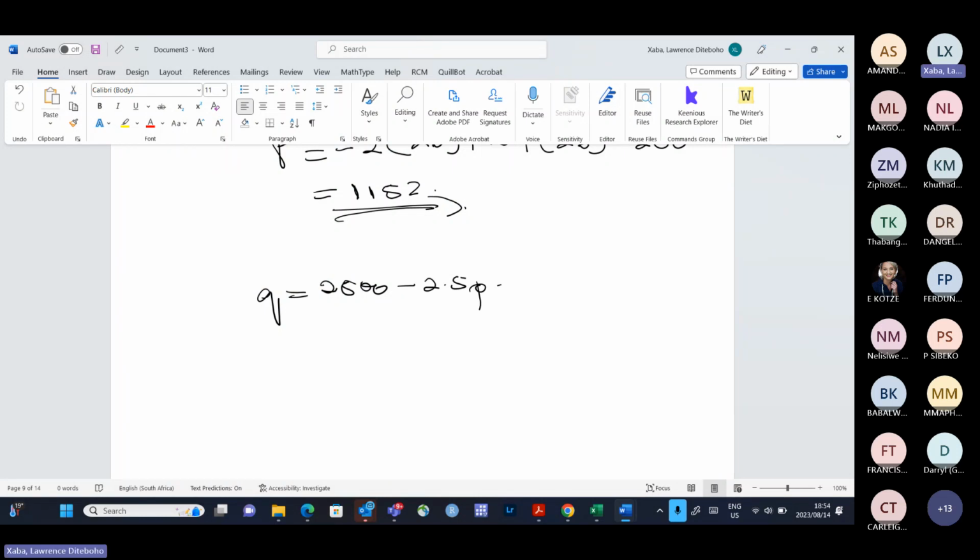So this is the function that is given to us, which is a demand one. And we are also given a total cost of 120,000 plus 400Q.